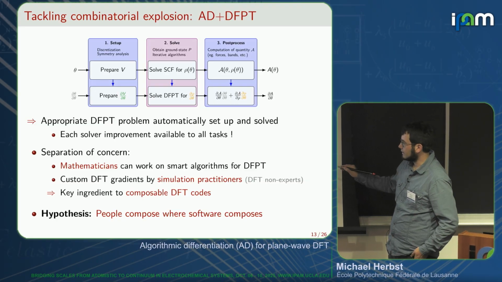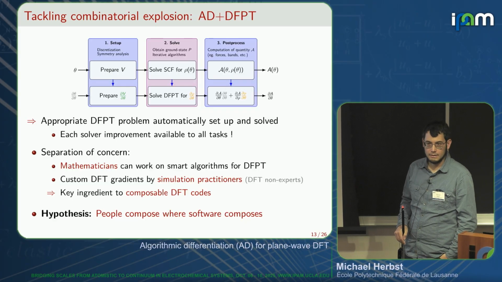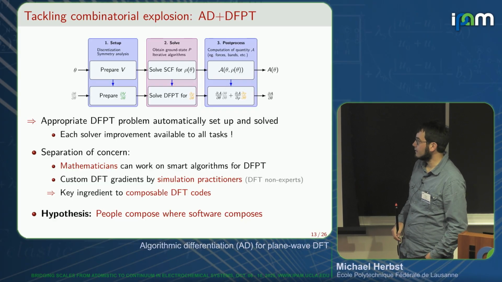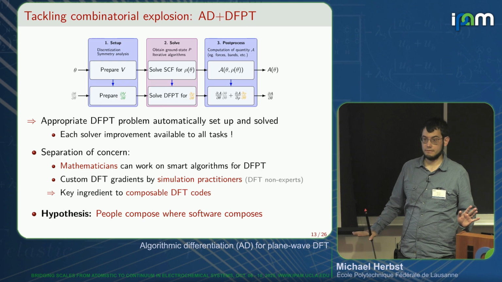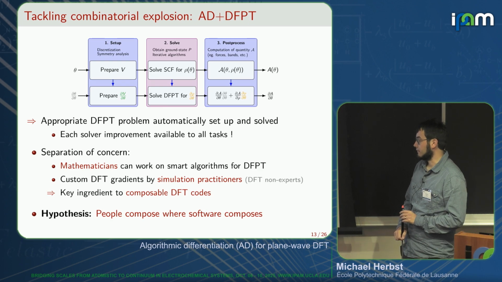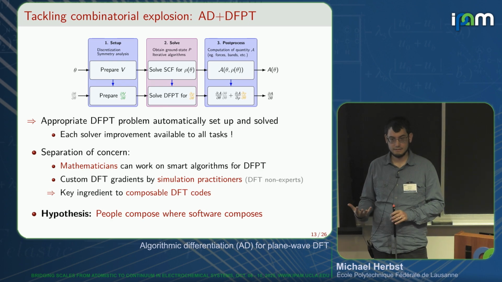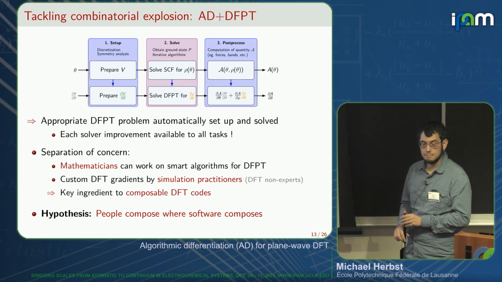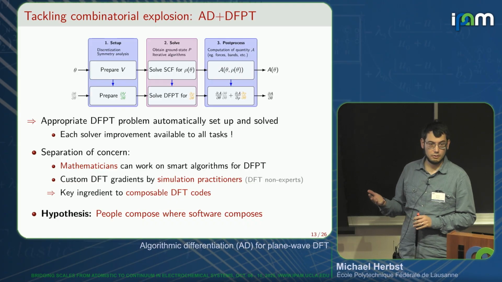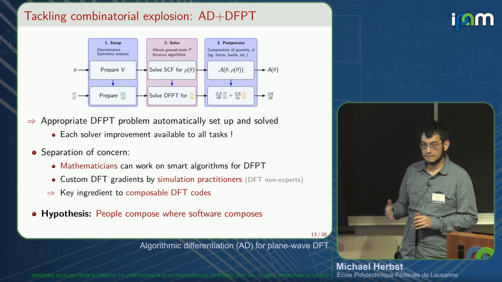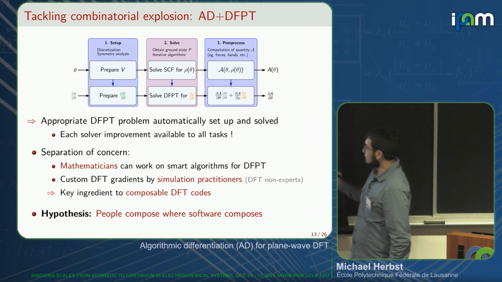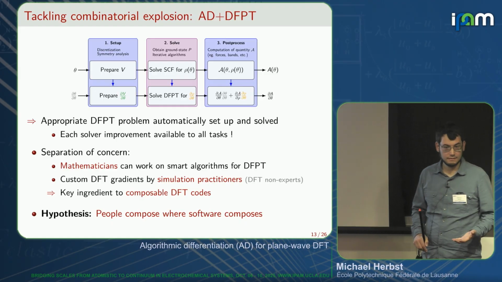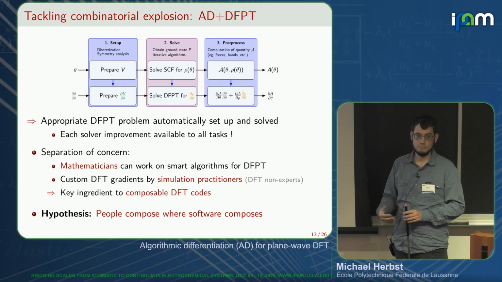So people from math can just work on these algorithms, and if we have an improvement there, this is immediately available for all possible derivative computations, right? So for me, this algorithmic differentiation is really key also to separate concerns and make it possible for people to work on the code so that their advances can compose, right? New derivatives means essentially new physics. New algorithms basically means new mathematics.